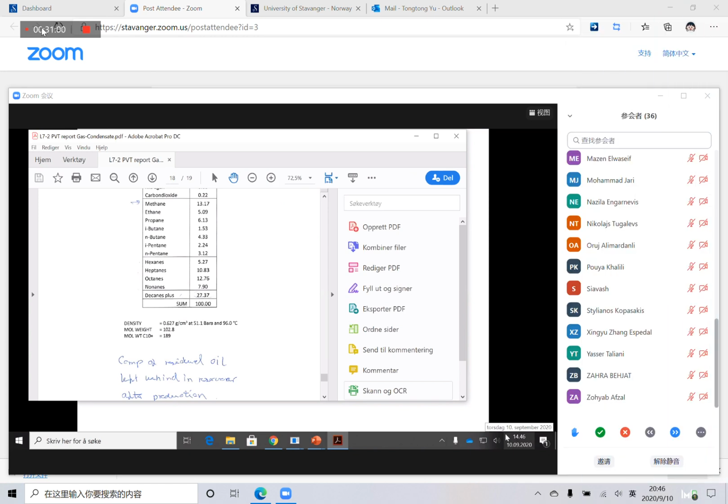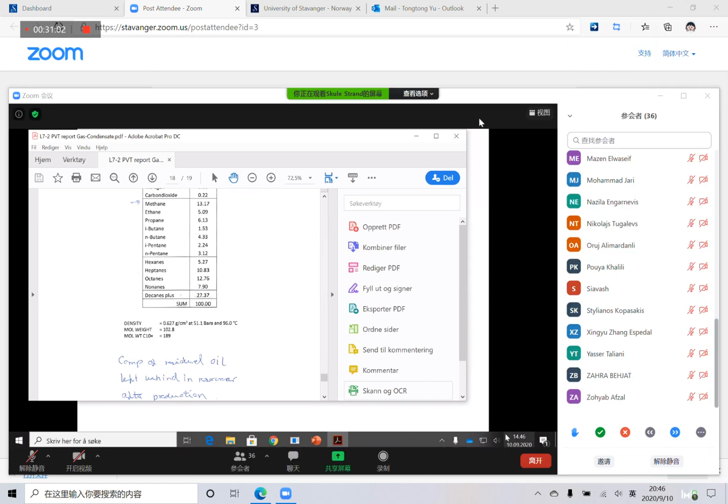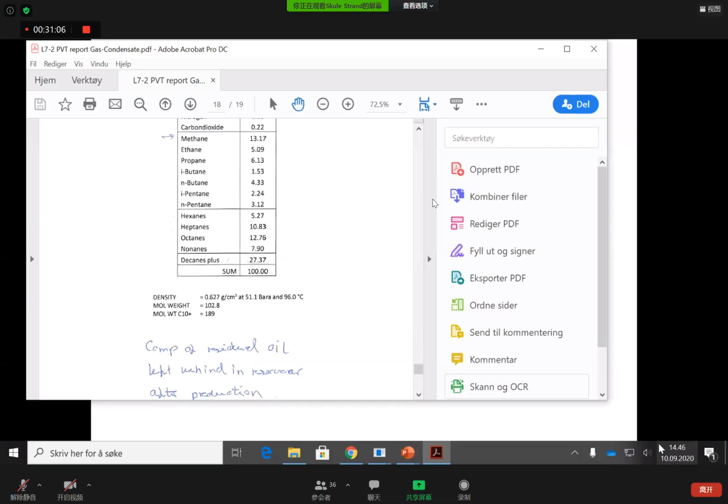So I was wondering, when you're working in a company and you're getting a PVT report, it will be like this, right? This is from a well, or from a field. Yeah, that's correct.